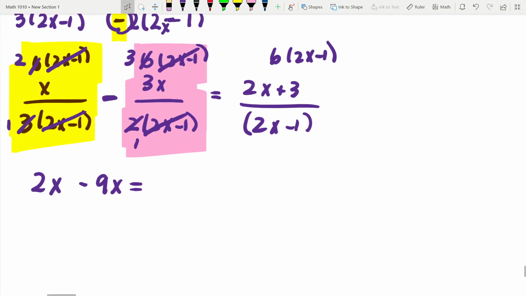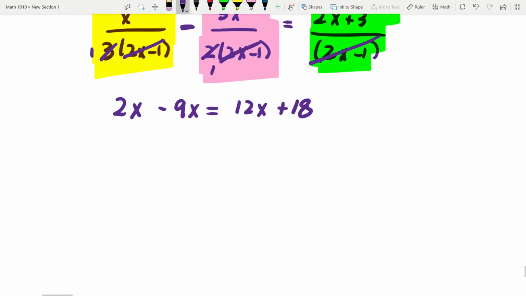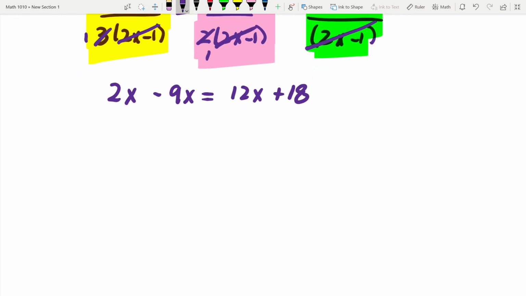Okay, then the last fraction right here, 2x minus 1 cancels with 2x minus 1, distribute the 6, and you have 12x plus 18. Raise your hand if you're following me. Okay, good, you guys. Move your 12x over to the 2x.